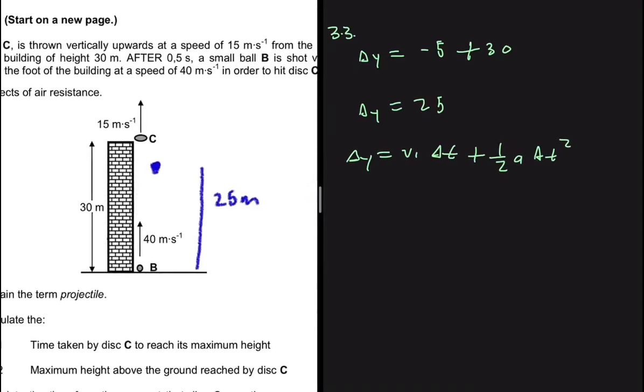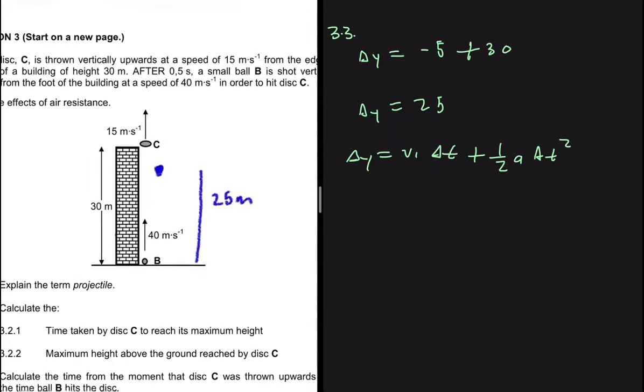So this is for our disk C, right? So that delta y will be equal to VI, which is 15, multiplied by T, because we don't know the time at which they strike each other. And then plus a half, the acceleration is always -9.8, right?